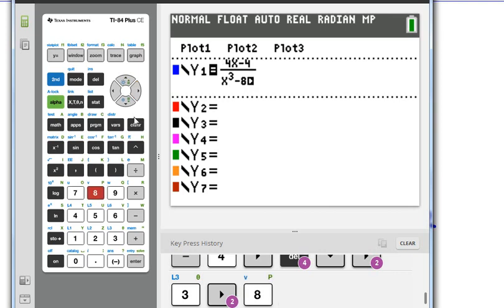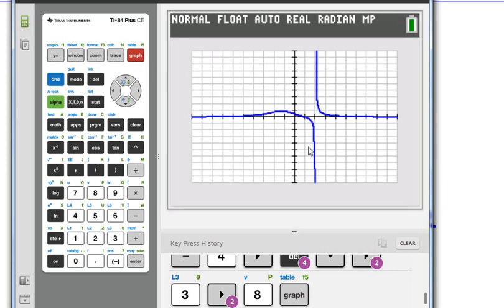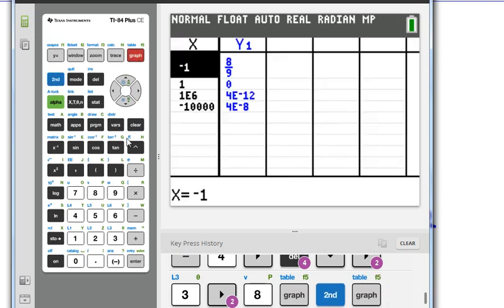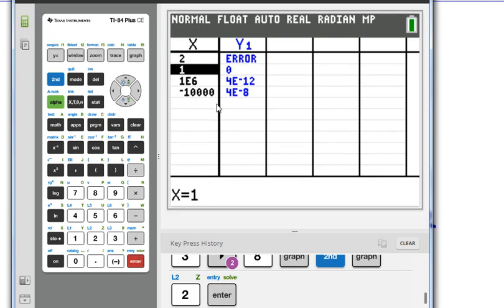Okay, let's see what this looks like. I hope we have our vertical asymptote at x equals 2. Yeah, that's pretty good. And look what happens along the x-axis. We're really at 0. We kept the same numbers in the table. Let's put in 2. We get an error, so that's a vertical asymptote.